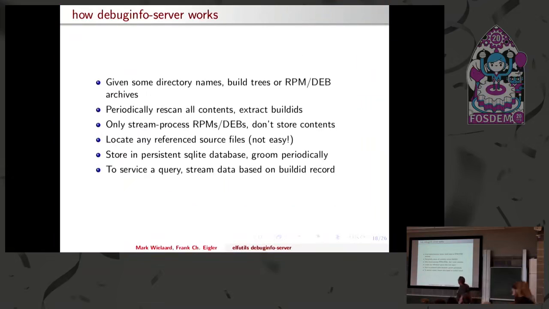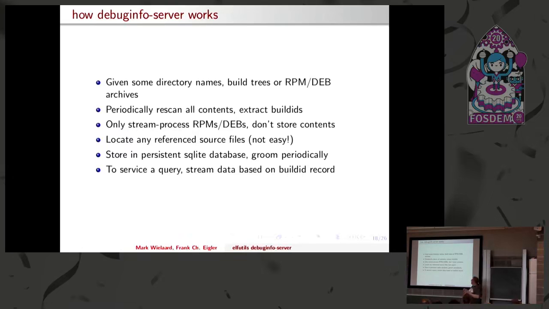Okay. So what did we see? What does it do? You put all your debug info files in directories. You can tell it to scan RPMs, debs, your full build.